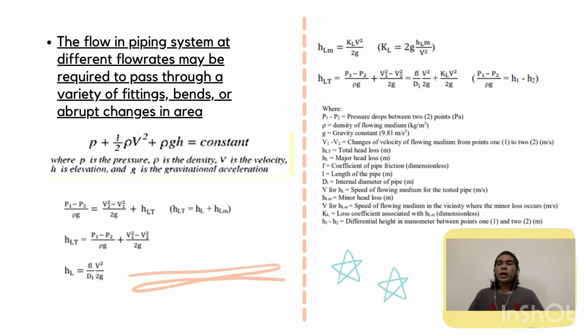This means the Reynolds number RE is big enough that inertia effects dominate the flow through that component, with viscous effects taking second place. In this experiment, the loss coefficient KL and the minor head loss HLM value in the pipe for different flow rates, pipe diameters, and pipe bends will be determined.